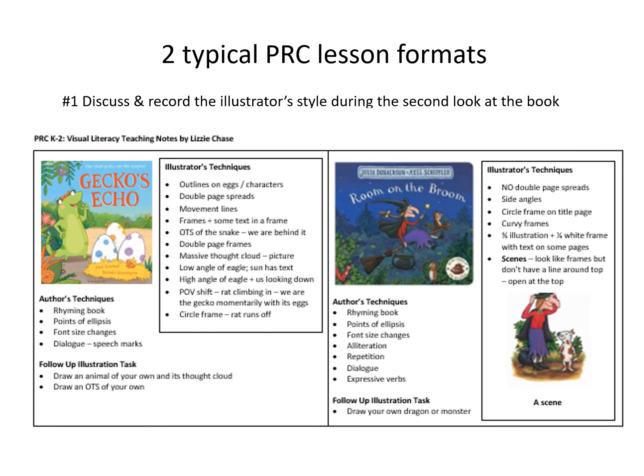It's like a homage piece in response to the illustrator's technique. Or you might decide that you want to get them doing their own OTS. Or for example, after Room on the Broom, you might get the kids to have fun and draw their own dragon or monster. So you're setting tasks that incorporate some of the fun things that the illustrator did in their story.